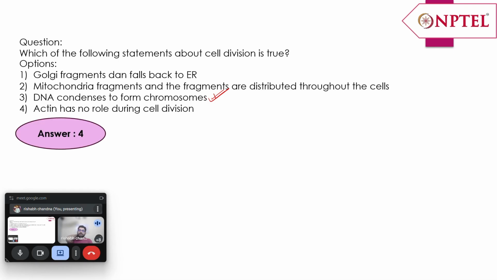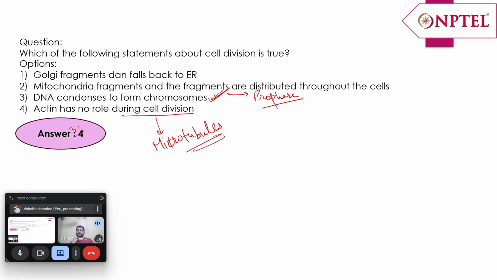So, the correct answer is option 3 and 4 both. DNA condenses to form chromosomes, and this happens in the case of prophase only. And actin has no role during cell division. All the role is played by the microtubules.